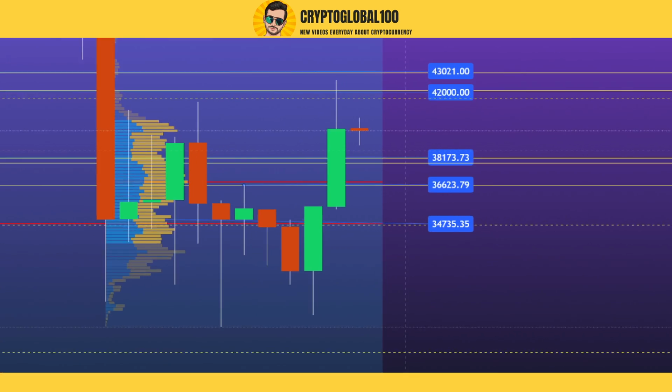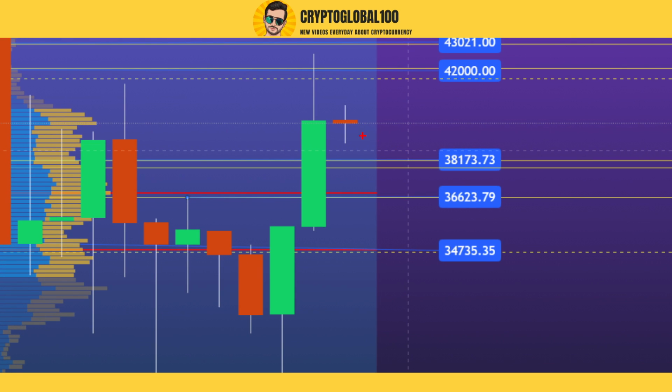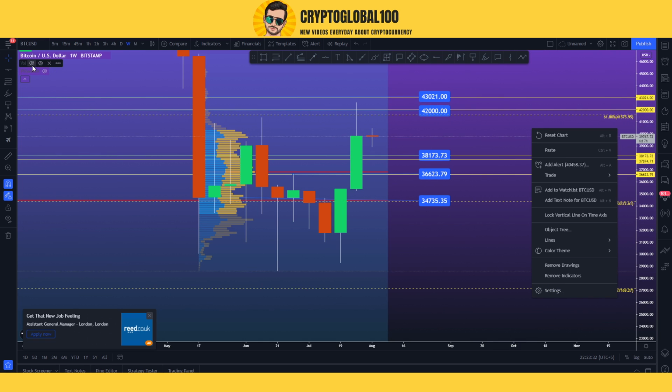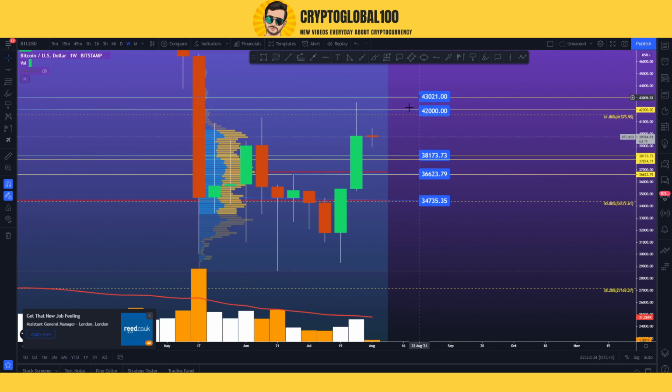So I think this candle is going to correct or might consolidate for maybe 1 week or 2 weeks. We're gonna see a consolidation or correction down to 38 to 36,000, and then it would be a move on the upside with a strong volume. We can break the 42,000, 43,000 level.